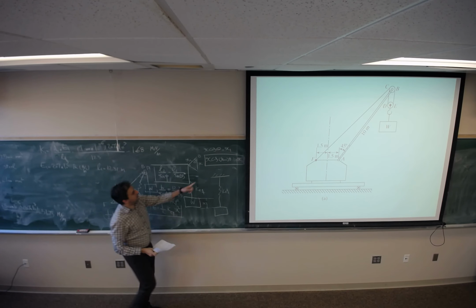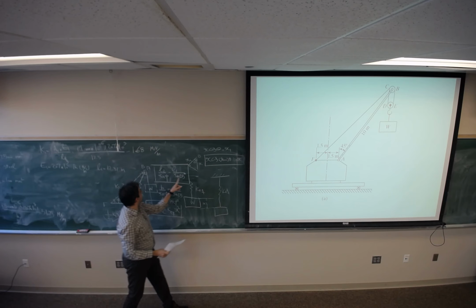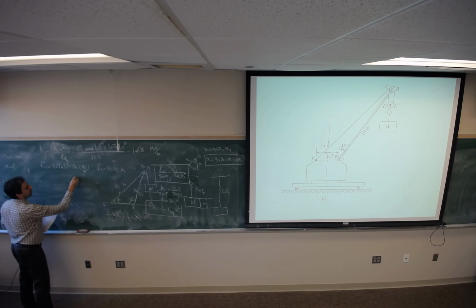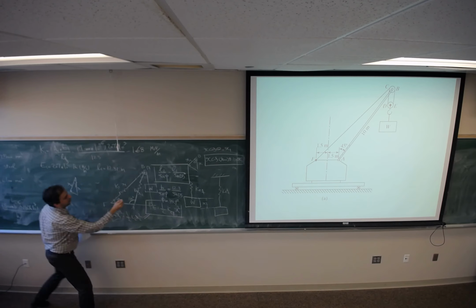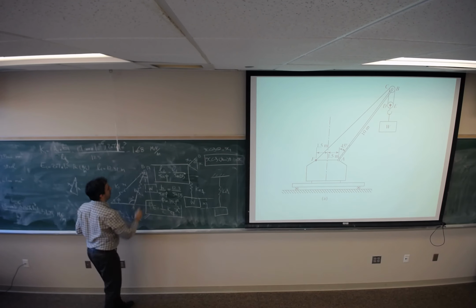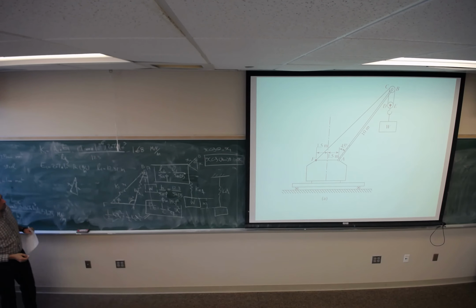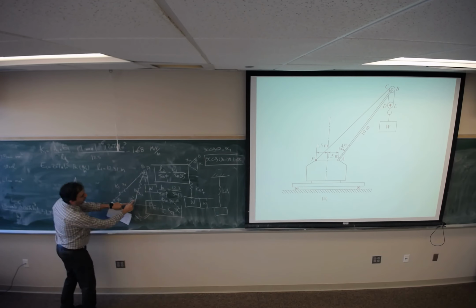What would be the relation between x and x2? If this is x, this is x2, if this angle is this angle. This is 135, this is going to be 45.